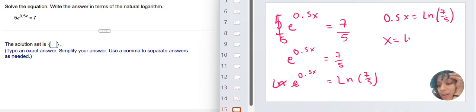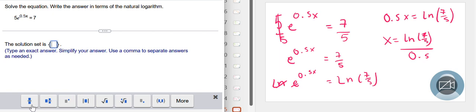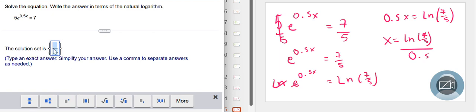It's going to look a little odd, because it's like a fraction divided by a decimal. But yeah, that's it. If you type all this in your calculator, you will get a decimal, okay? But they don't want us to do that. They just want us to use exact answers. They're not asking us to round or anything like that.